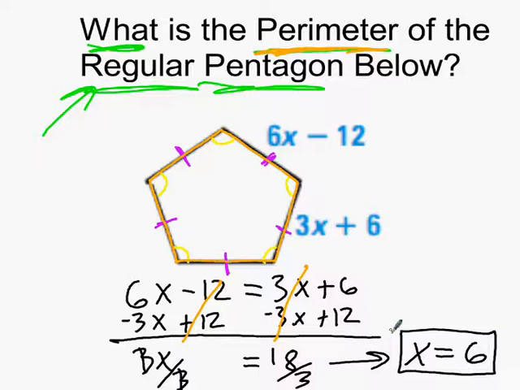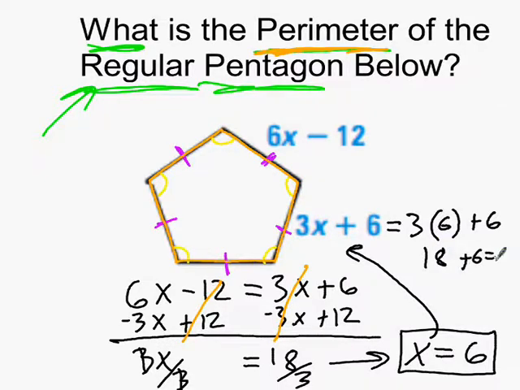Anyways, though, we have to go back, and because x equals 6, we can say that this equals 3 times not x, but 6, plus 6. So that's 3 times 6, which is 18, plus 6 equals 24. So we know that one length is 24. We know that this one's 24. We know this side's 24.